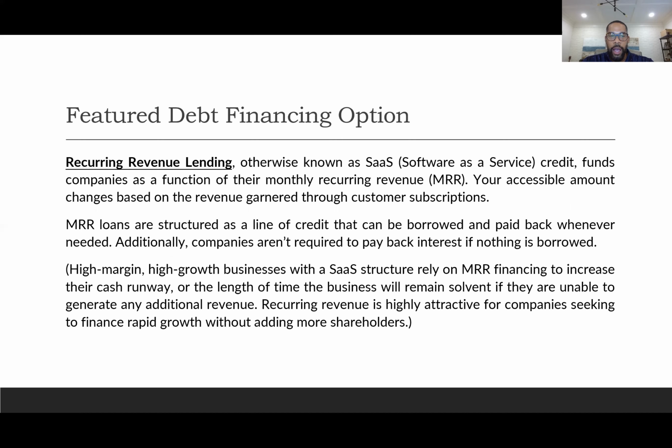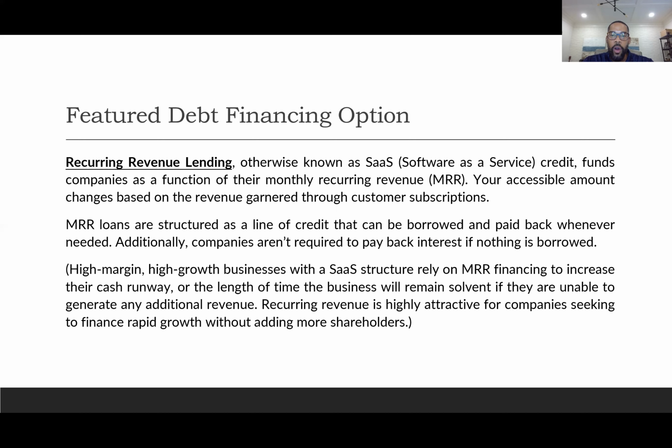A featured debt financing option I would recommend is recurring revenue lending, okay? Otherwise known as a software as a service credit. These types of funds are for companies as a function of their monthly recurring revenue. Your accessible amount changes based on the revenue garnered through customer subscriptions. Your monthly recurring revenue loans are structured as a line of credit that can be borrowed and paid back whenever needed.